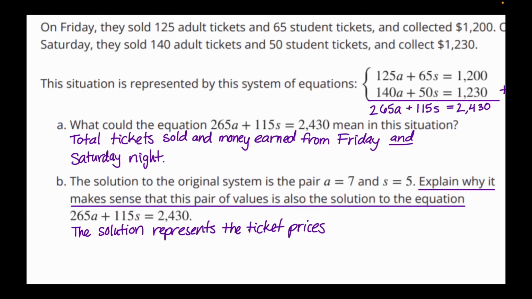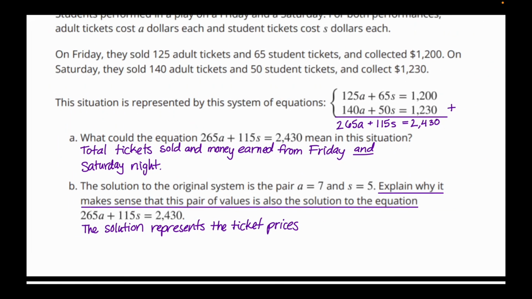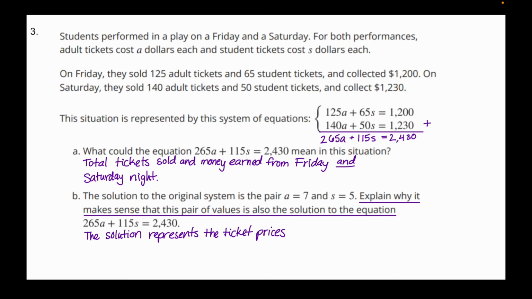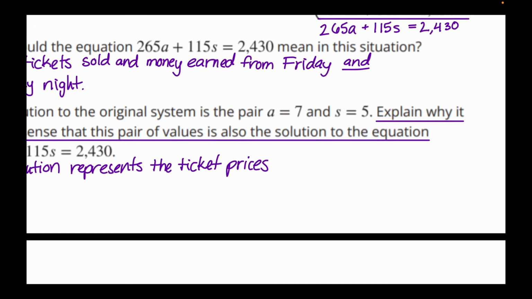Because that is actually what they told us, that it was $A. So A represents dollars and S represents dollars. So those prices for admission are not going to change. So the solution represents the ticket prices.